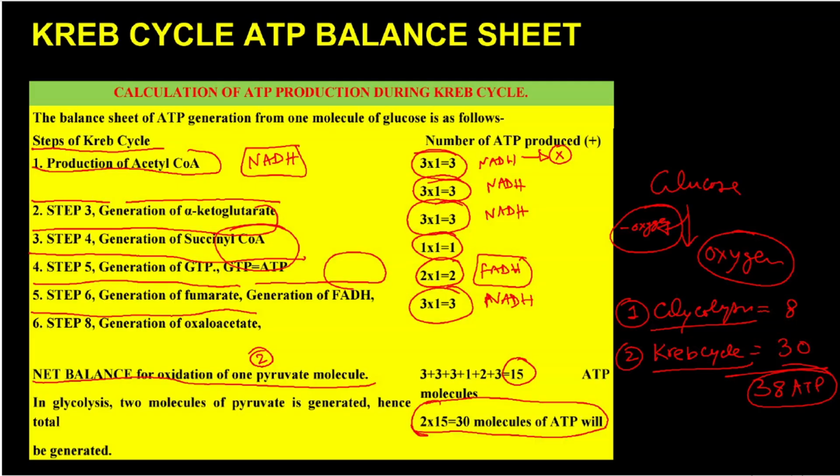So in total we got 38 molecules of ATP from a single molecule of glucose. So this much energy is generated from a single molecule of glucose if it breaks down in the aerobic reaction. If we go for the anaerobic reaction, the balance sheet will be different. Here we are discussing only the aerobic reaction. So the molecules generated for ATP is 38.